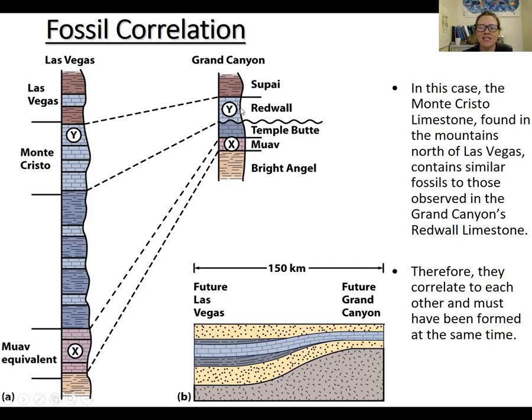We can find similar fossils that correlate between those two layers, and then it can help confirm that the limestone that formed as part of the Red Wall formation in the Grand Canyon and the Monte Cristo formation in Las Vegas were in fact forming at the same time. So they're correlated. And this is a way to look at this as a cross-sectional diagram across space, with the Grand Canyon here and then Las Vegas over here.